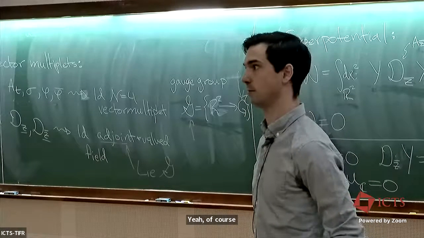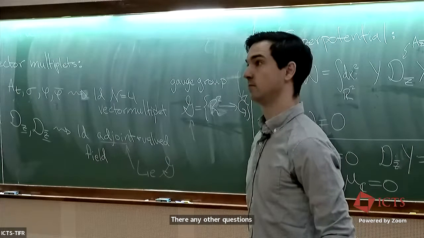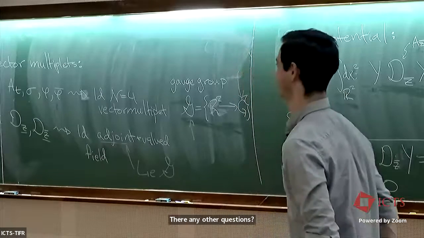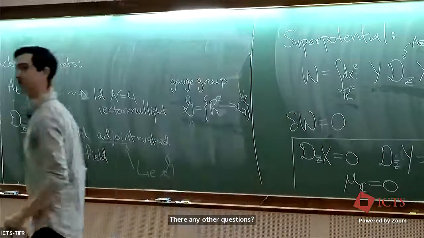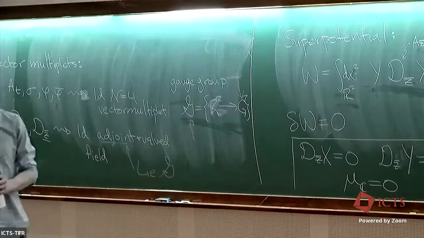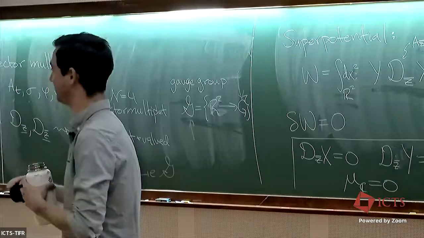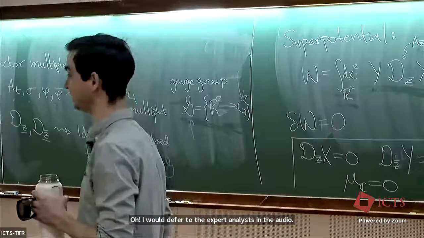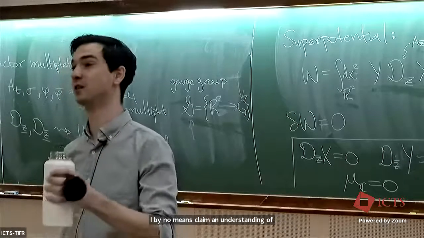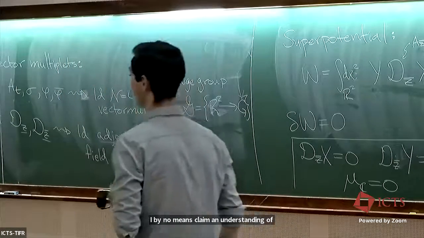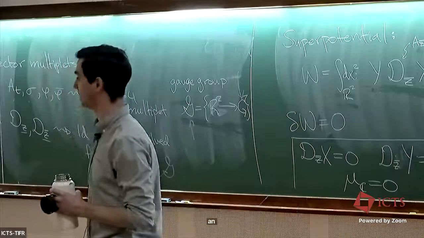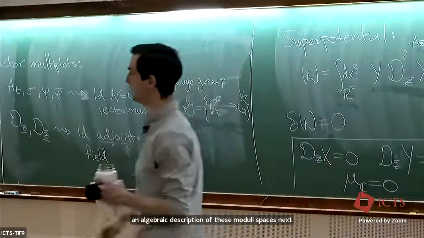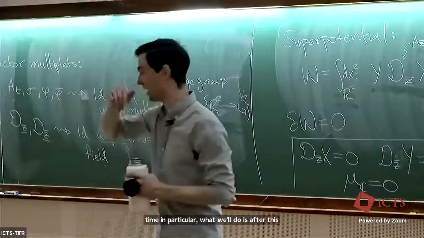Are there any other questions? I would defer to the expert analysts in the audience. I by no means claim an understanding of existence of these solutions, although I'll provide an algebraic description of these moduli spaces next time. In particular, after this Kobayashi-Hitchin correspondence, we have a complexified gauge group.